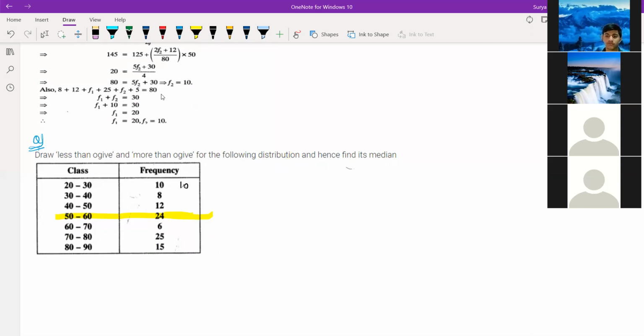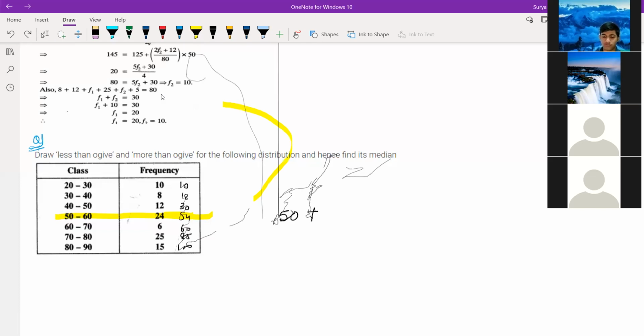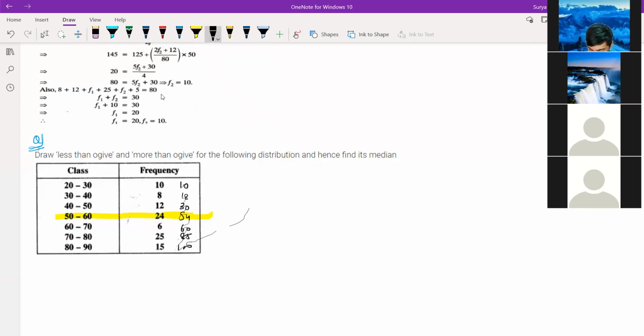So I'm also doing by the normal method only, just see this. See, what if I write here, what is your L? L is 50. Then plus 50 plus, what is your N by 2? Hey, what happened?